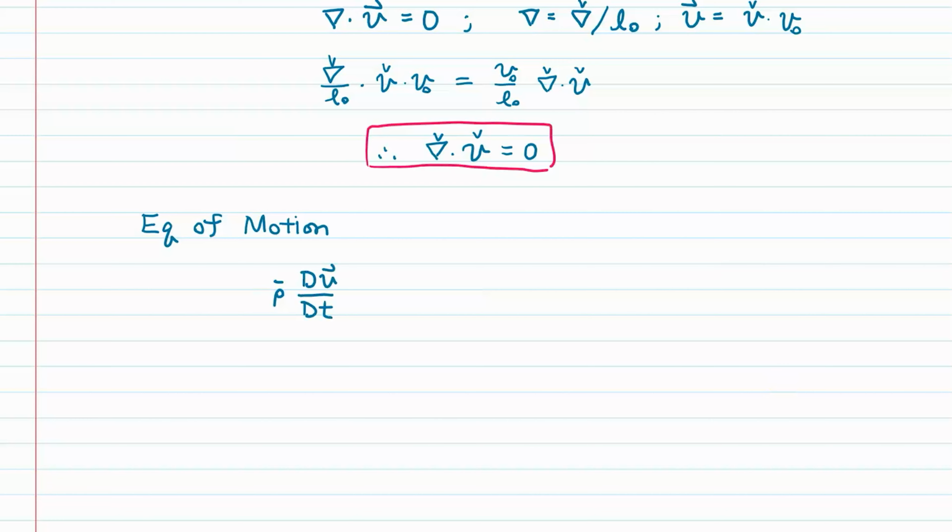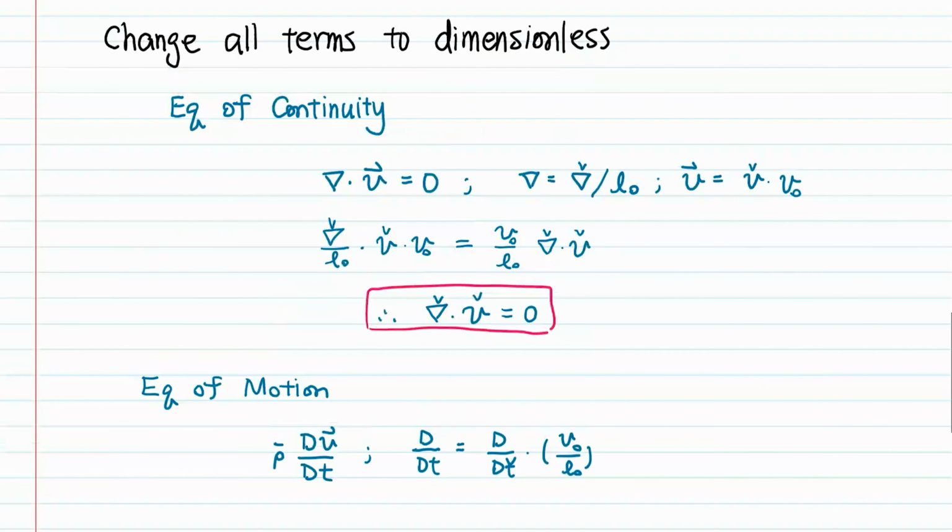So basically, let's take a look at what happens here. The substantial derivative now equals the dimensionless substantial derivative times V naught over L naught, right?